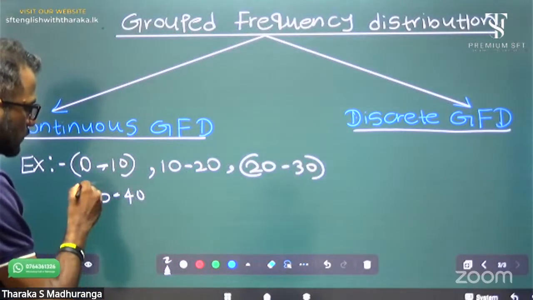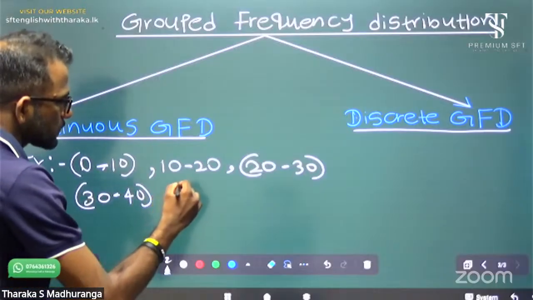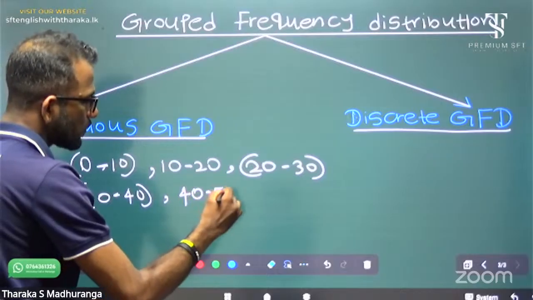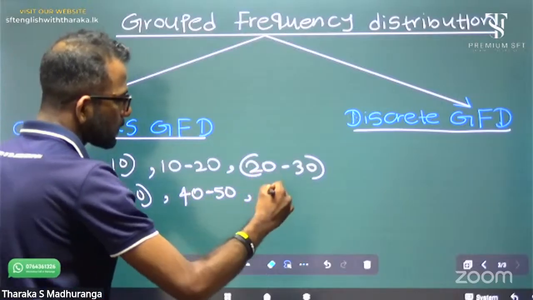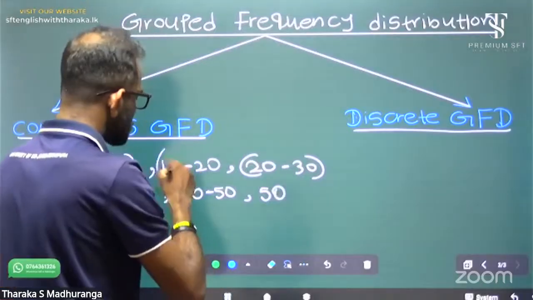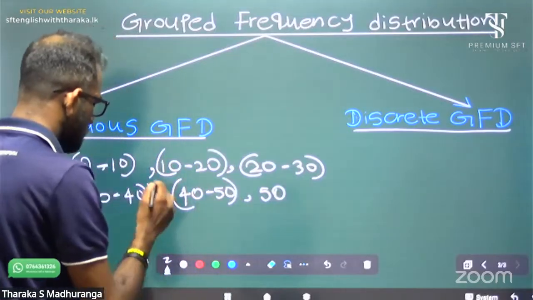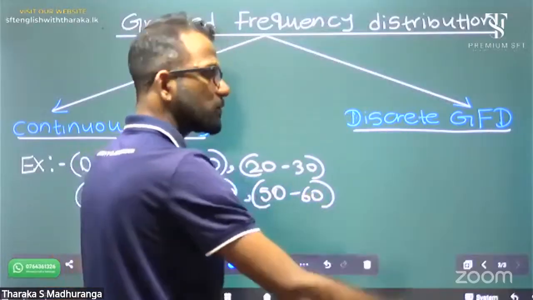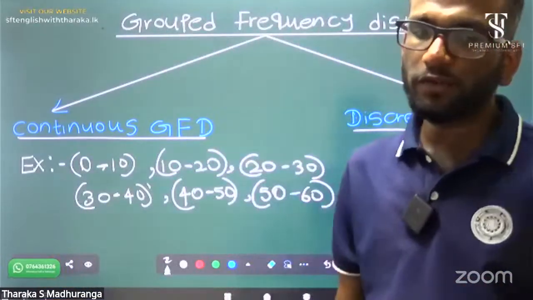That's a continuous group frequency distribution. 40, 50, 50, 60, and continue. That's a continuous frequency distribution.